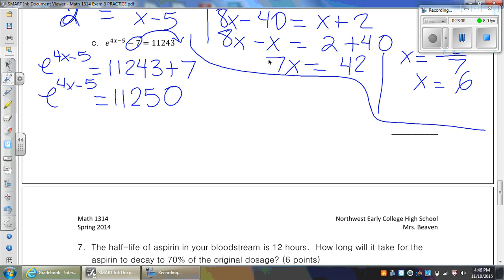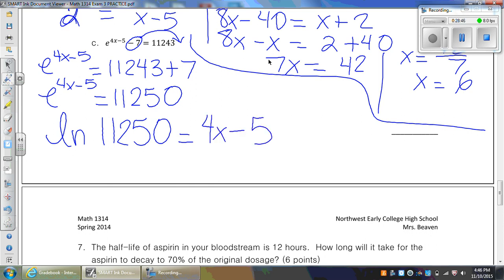So that will be natural log, base e is implied, we don't need to write it, but if you need to, that's fine, of 11,250 is equal to 4x minus 5. Now from here, before you even calculate the natural log of 11,250, we are going to have to take care of this negative 5. It is subtracting on the right.